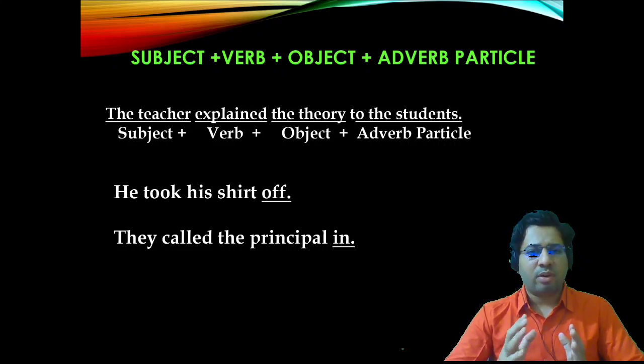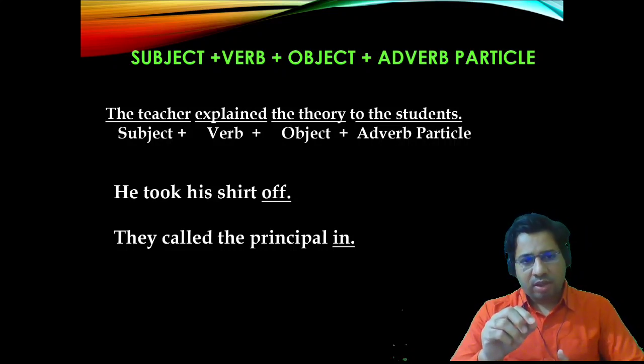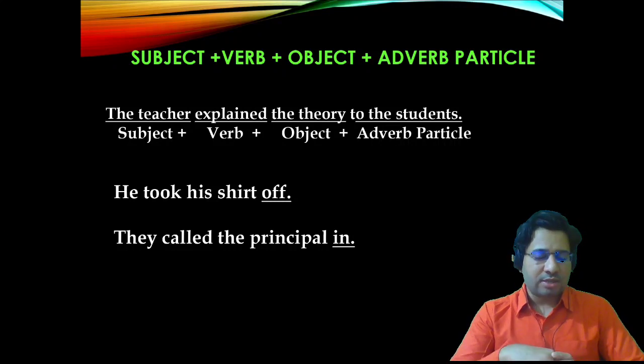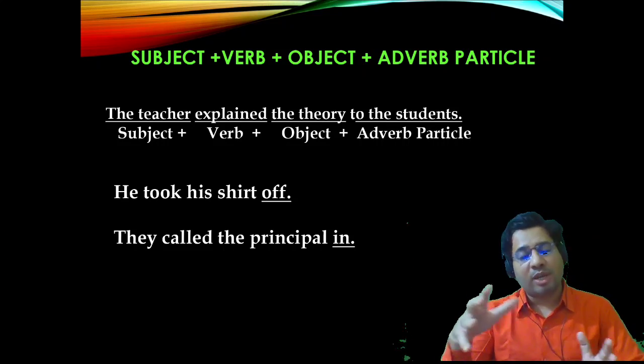So in this sentence, the teacher is the subject, explained is a verb, the theory is the object, and to the students is the adverb particle. So the word to is actually a preposition. However, along with the verb, it functions more as an adverb in the above sentence. Hence, to the students tells us whom the theory was explained to.